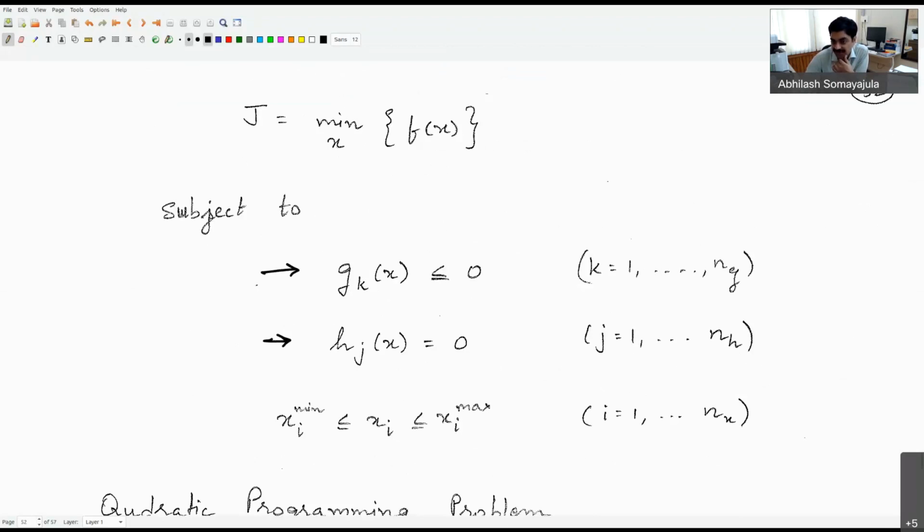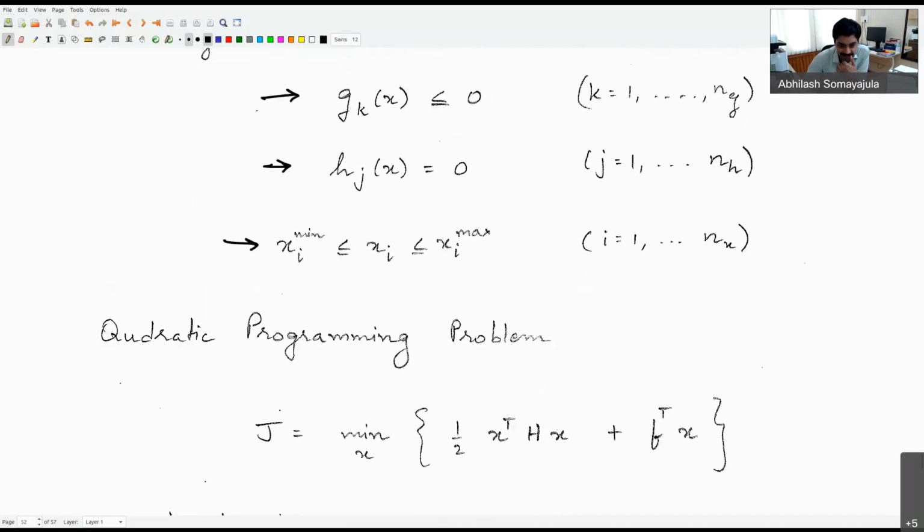Not all possible values might be taken as inputs. There may be certain range beyond which you can't go. So for example, if it's a rudder angle, we know that it is limited to between minus 35 and 35. I can't say 90 degrees rudder, that makes no sense physically. So such limitations will exist on your variables as well, which are specified in terms of these inequalities.